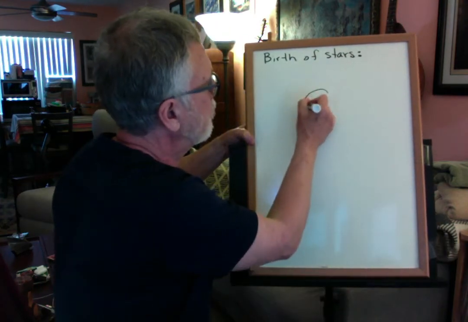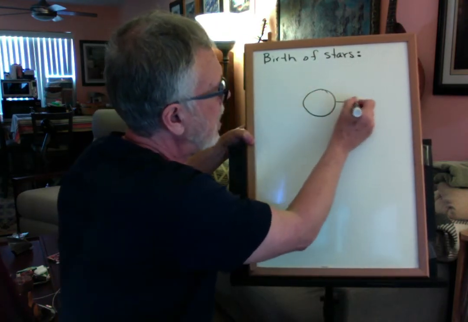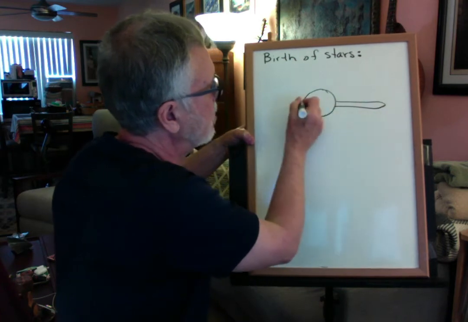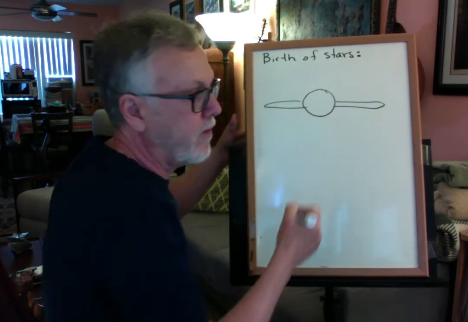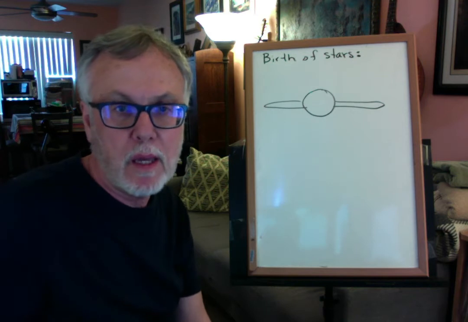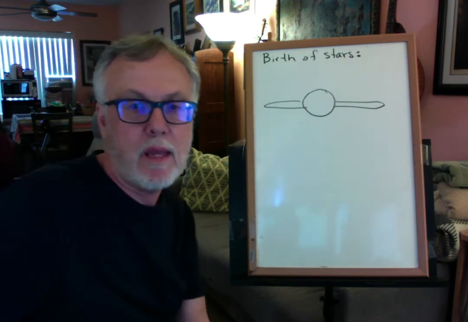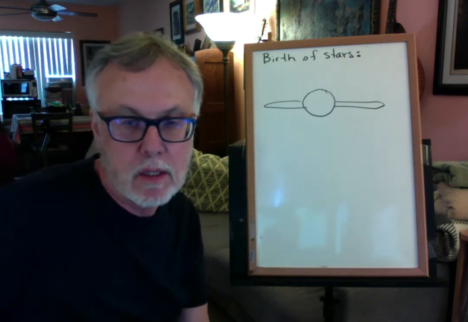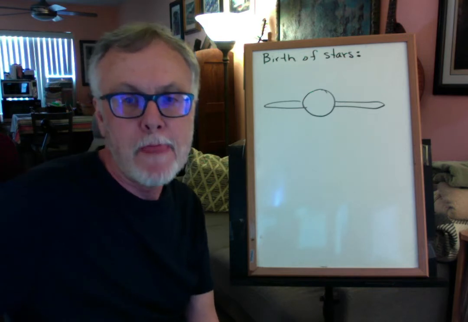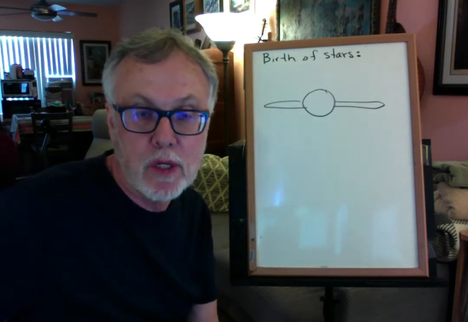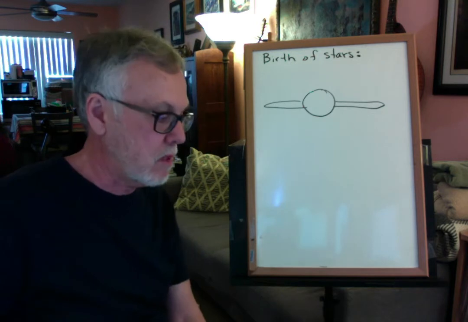We have the central region right here, and then we have a disk of material out here. The planets will eventually form out of it, and also the asteroids and the comets and the moons and such. I'll let you read chapter 5 to look at the process that's undergoing.